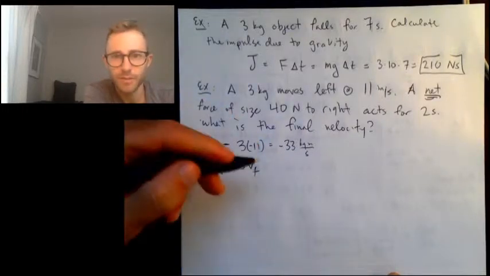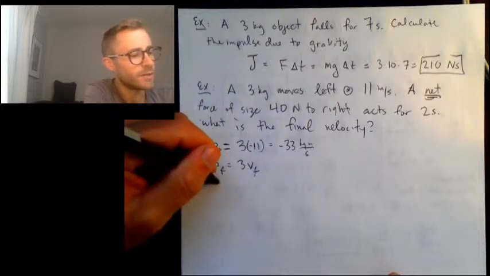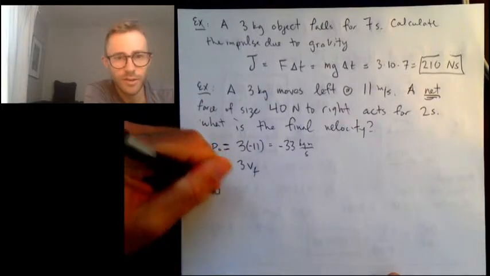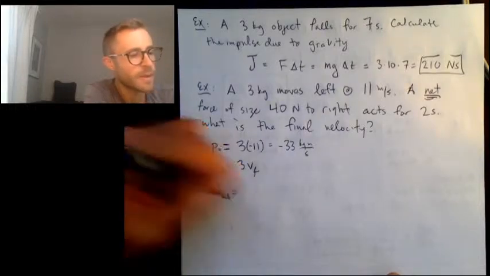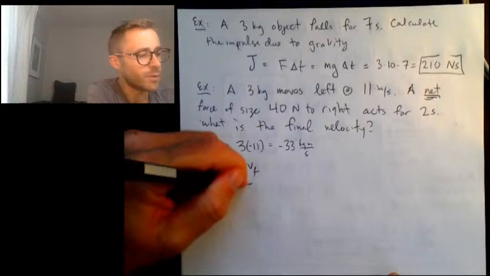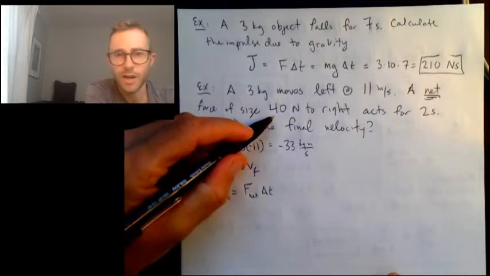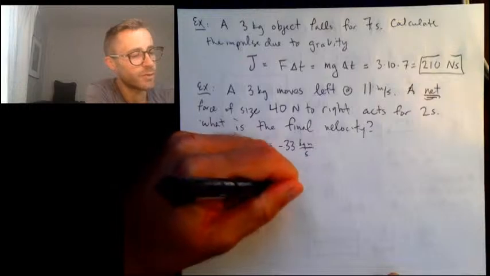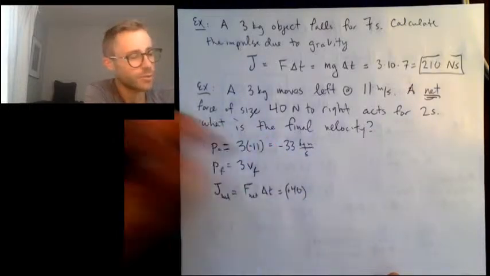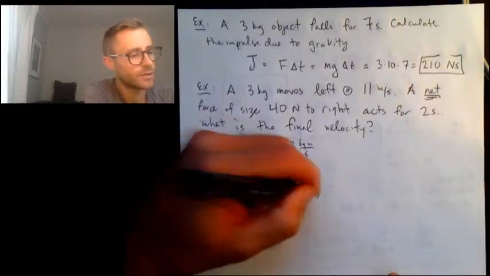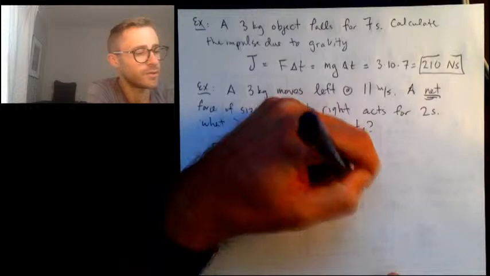We can also calculate the impulse due to the net force, which is net force times time. The net force acts to the right, so it's plus 40 times 2 seconds, so plus 80 newton seconds is the impulse.